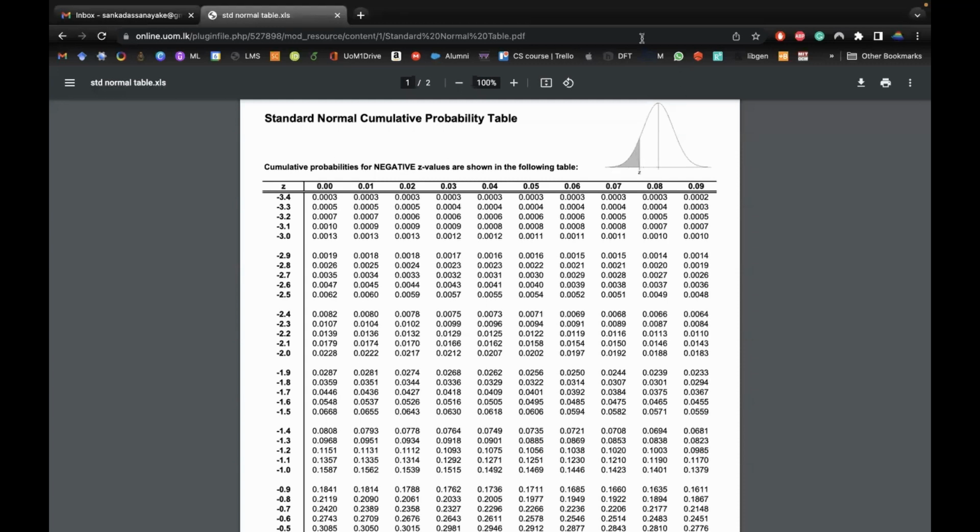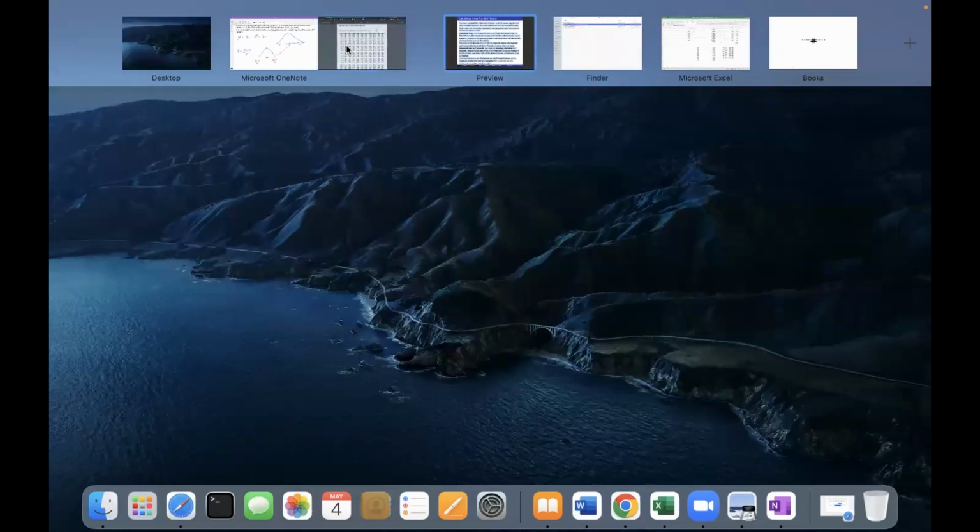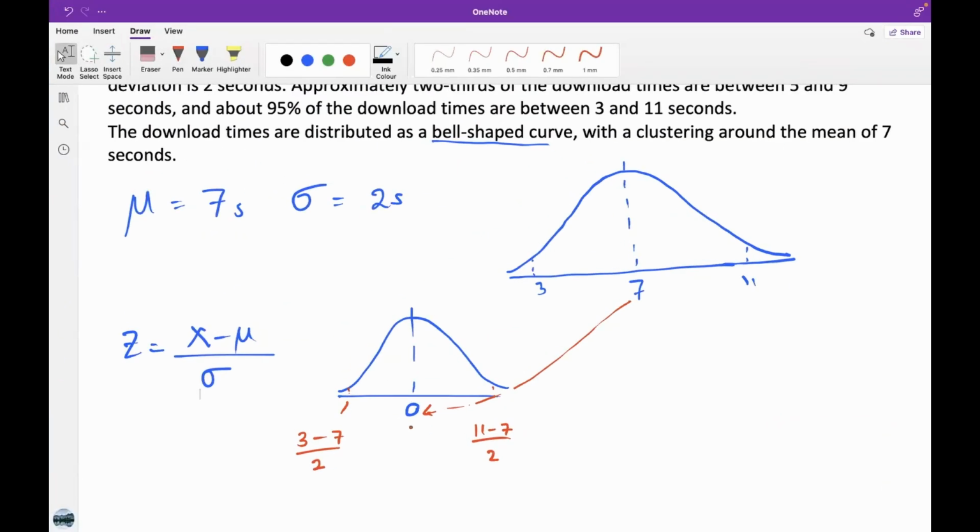Because of that, we have standardized this curve, and any probability that lies below a given value is given in this table. So for example, this Z value is the value that you have just calculated. These are Z values.